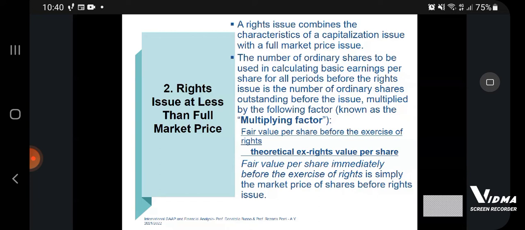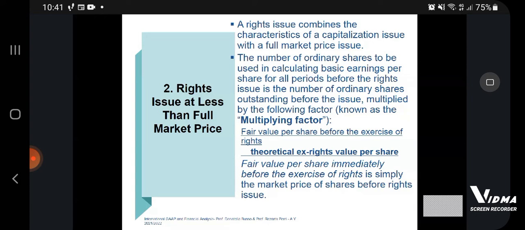And actually, it is the ratio between two prices or two values. In the numerator above this ratio, we put the price or the fair value per share before the exercise of the rights, basically with simple words. Multiplying factor will divide the price of the share before I issue the rights to a theoretical X rights value per share.